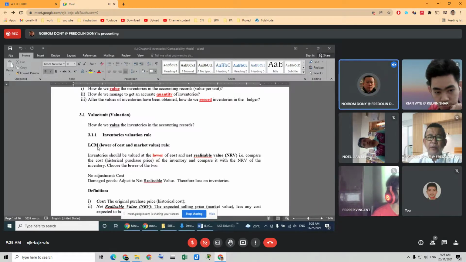Same thing with the market value. We extend further in order to get a more accurate market price. So comparing the cost, that is the historical purchase price from the supplier of the inventory, and compare with NRV of the inventory. Choose the lower of the two.